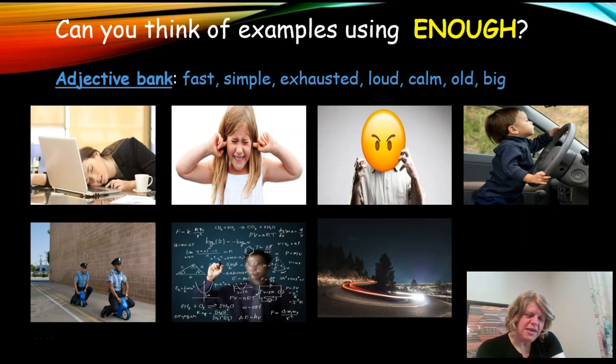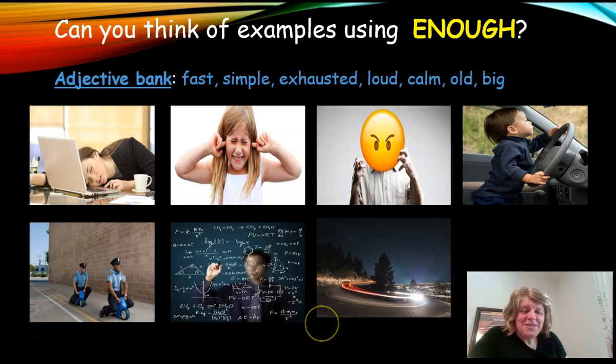How can we convey the same meaning? We can say this problem is not simple enough for me. And in the last one, we can say the car is fast enough to cause a car accident. I hope these examples were helpful, and now let's do some practice to make sure that we know how to use too and enough with adjectives in sentences.